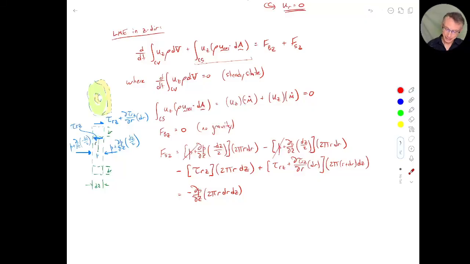Okay. Then let me go ahead and expand the shear stress terms. This is minus tau rz 2 pi r dz.